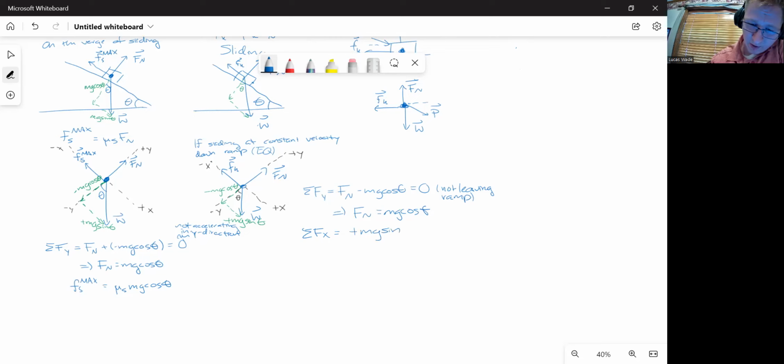It's a component of a force, but that's what we're looking at, the net force components along these two directions. Okay, and minus the force of kinetic friction. Not the vector arrow, we're dealing with magnitudes. And so if it's sliding at constant velocity down the ramp, what is this equal to? 0. Not accelerating down the ramp.